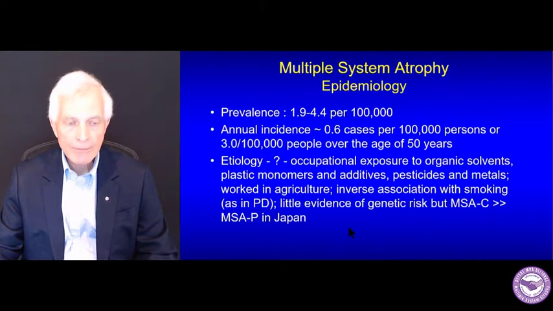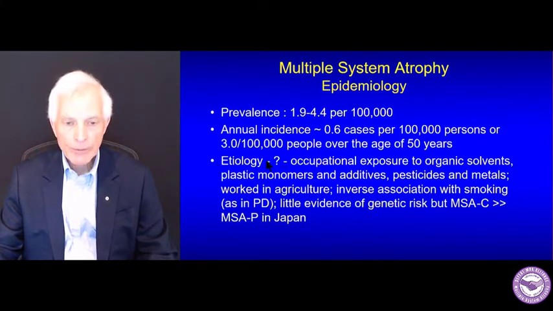This is a relatively uncommon disorder, occurring in 1.9 to 4.4 people per 100,000. And if we look at it in an annual incidence, how many people are seen in 1 year, 0.6 new cases per 100,000 persons, or 3.0 in 100,000 over the age of 50. The cause or etiology is not known.